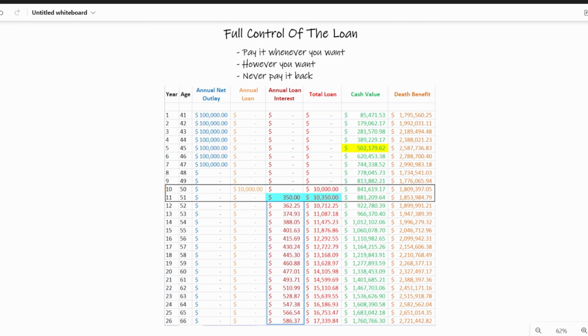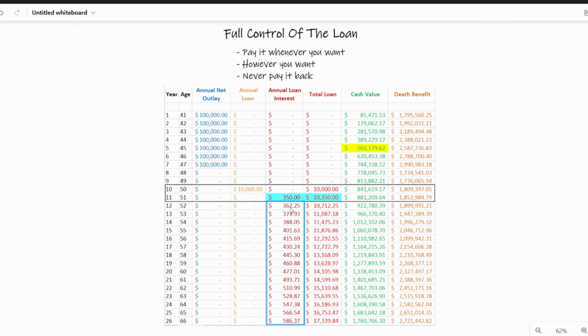This is where the double-edged blade comes from. If you don't pay the loan back, which you don't have to, but know what happens, this is about awareness. On year one, it's a simple annual interest. And on year two and after that, if you don't pay back, it compounds on itself, could lead to lapse and tax event.